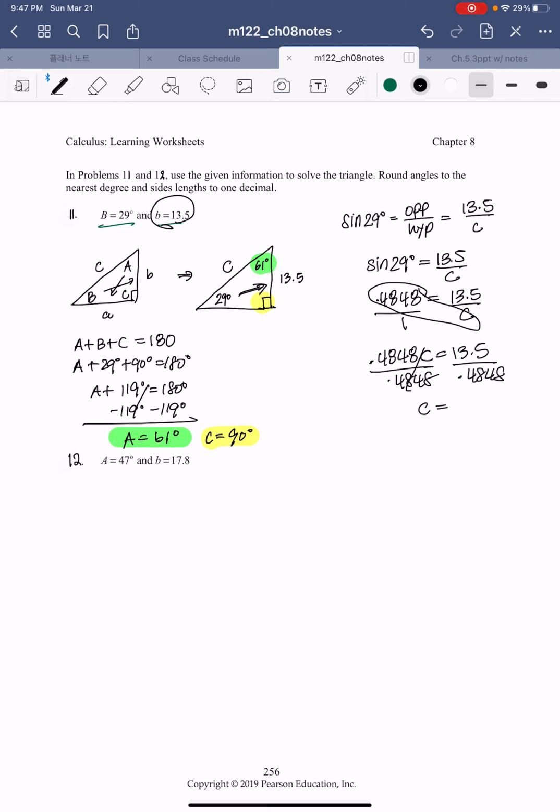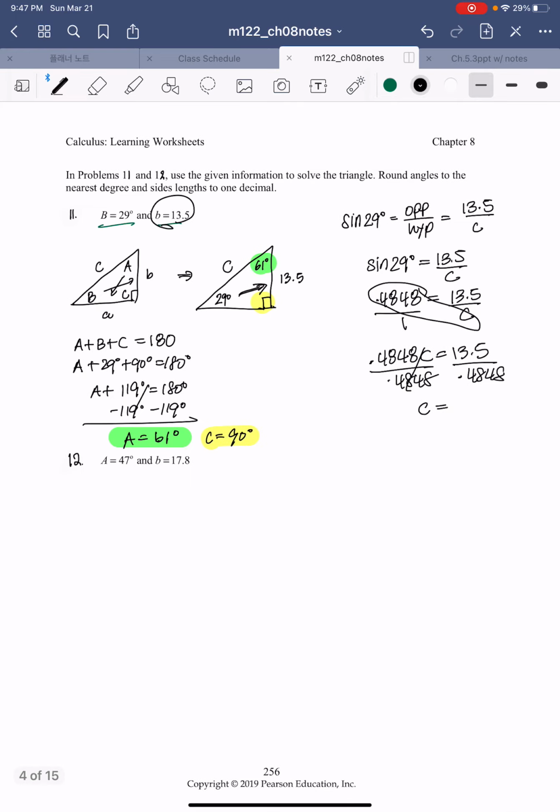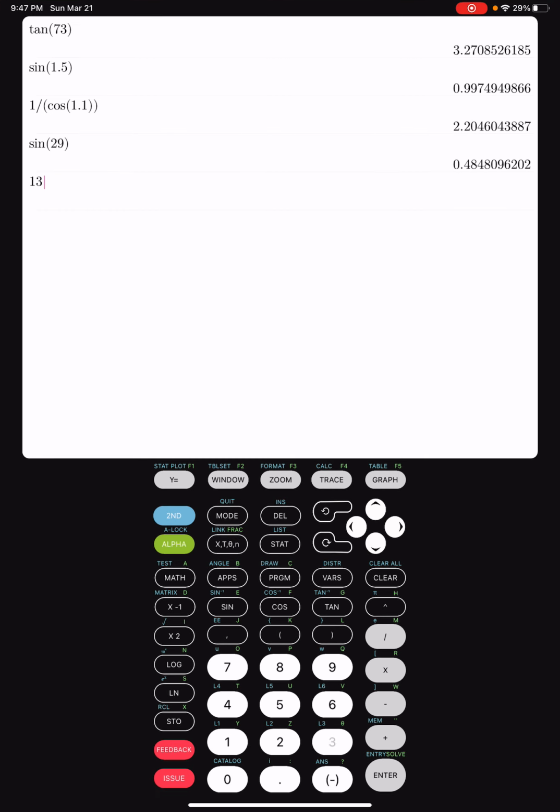C is equal to 13.5 divided by 0.4848. They want you to round it to the nearest 1 decimal place, so 27.8.